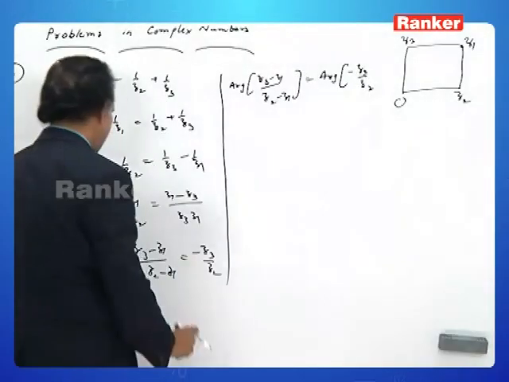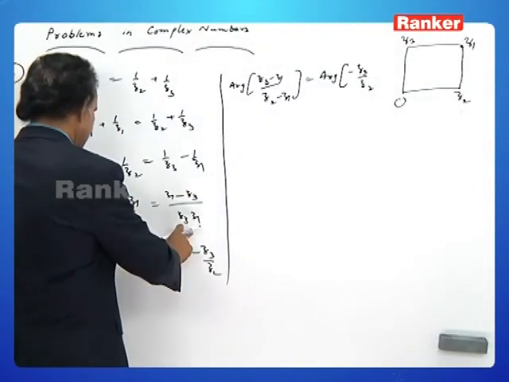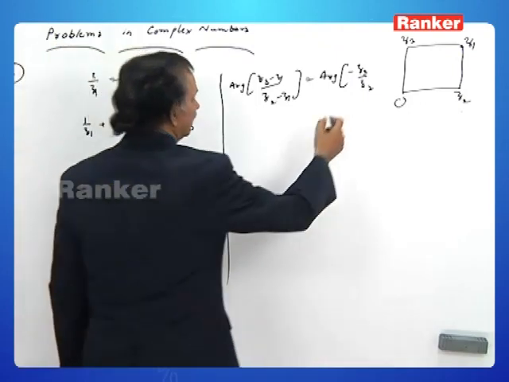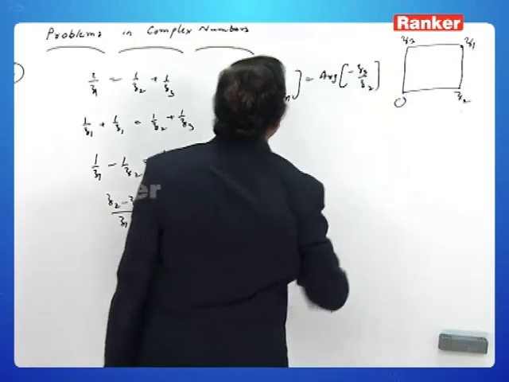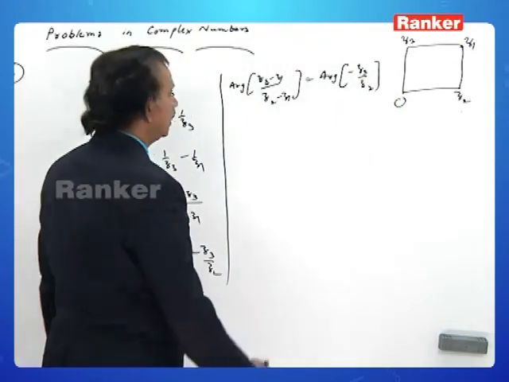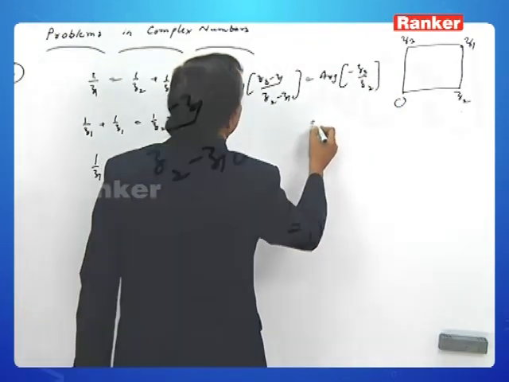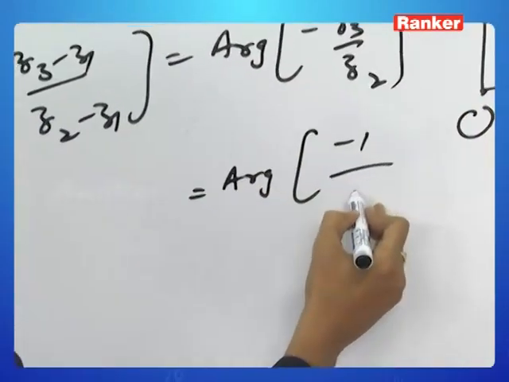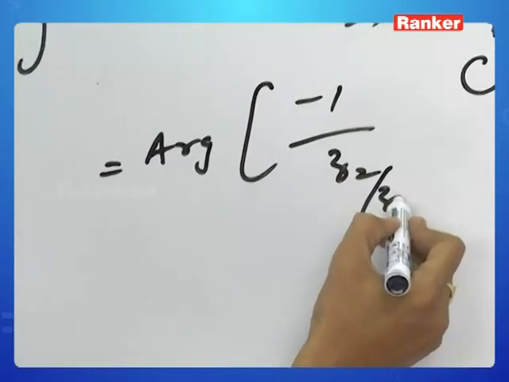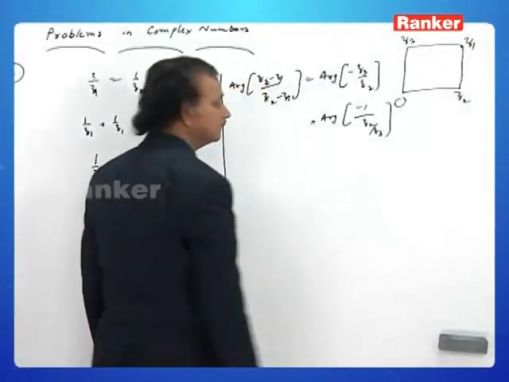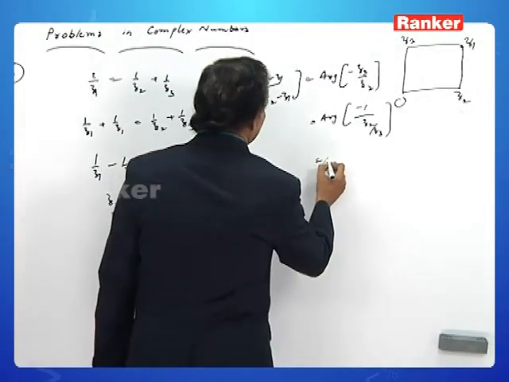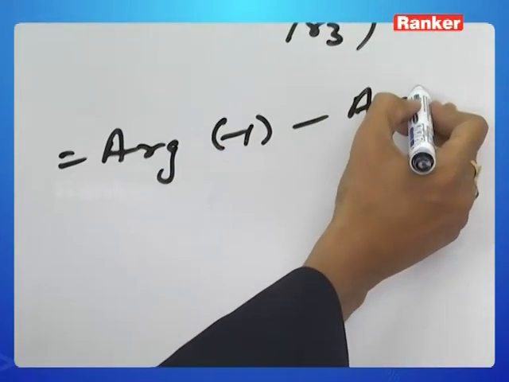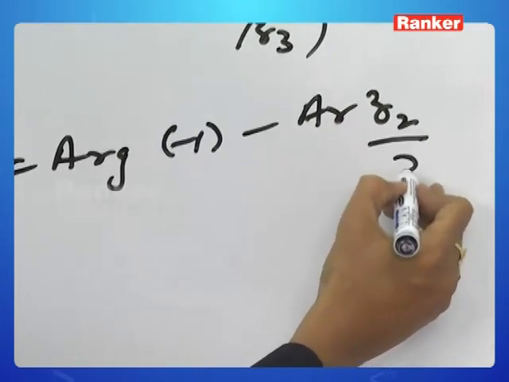Am I right? This is argument of minus 1 by Z2 by Z3. This is equal to argument of minus 1 minus argument of Z2 by Z3.